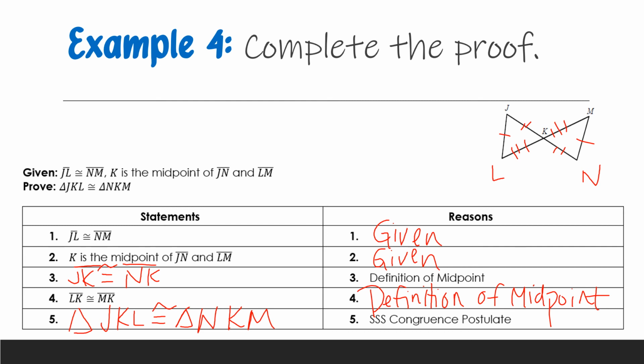And again, that's by the side-side-side congruence postulate. So now that we know those two triangles are congruent, we could use that to go further. We don't need to because that's not what we're trying to prove, but we could say anything about any of those corresponding angles. We could say that angle J and angle N are congruent, or angle L and angle M are congruent because corresponding parts of congruent triangles are congruent.